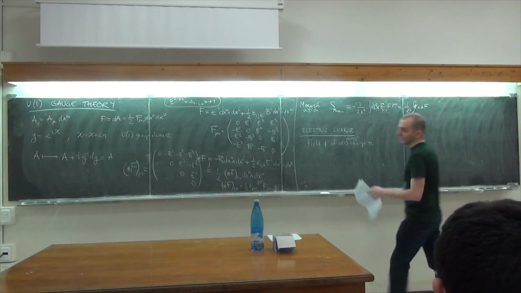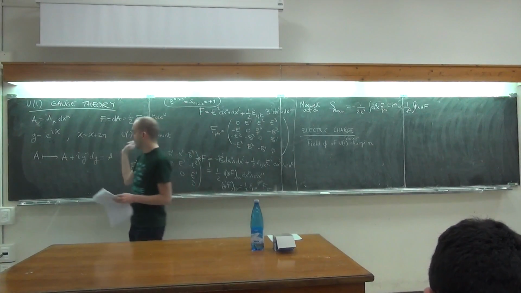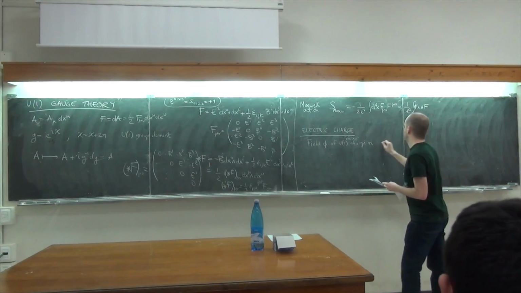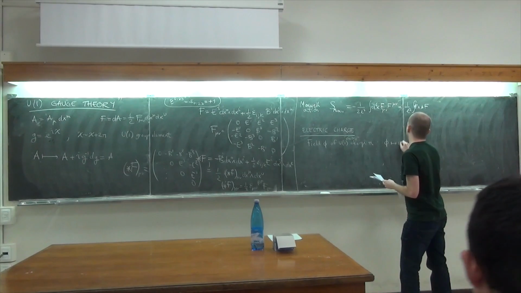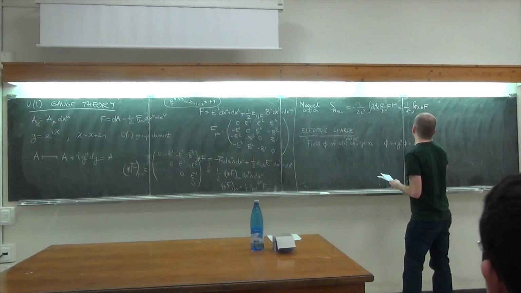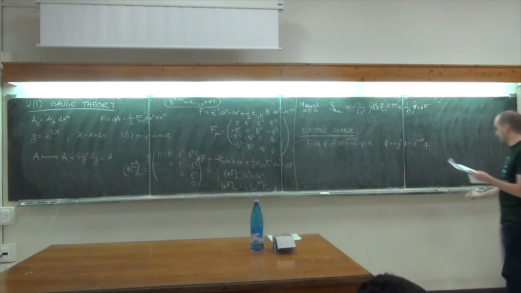So that means that under gauge transformation governed by this group element g, phi transforms into g to the n phi, which is e to the i n chi phi.